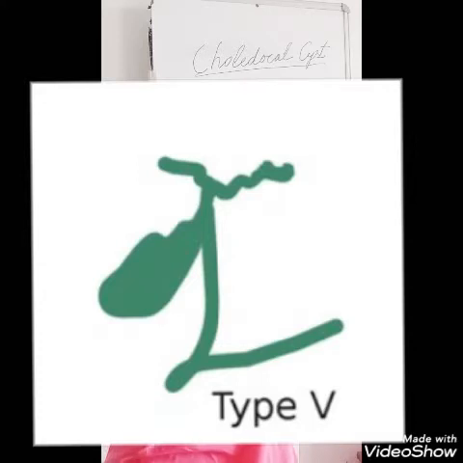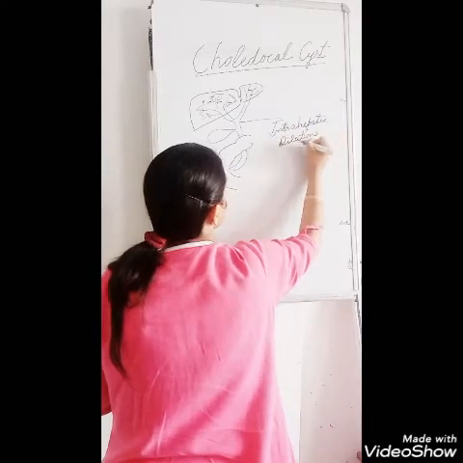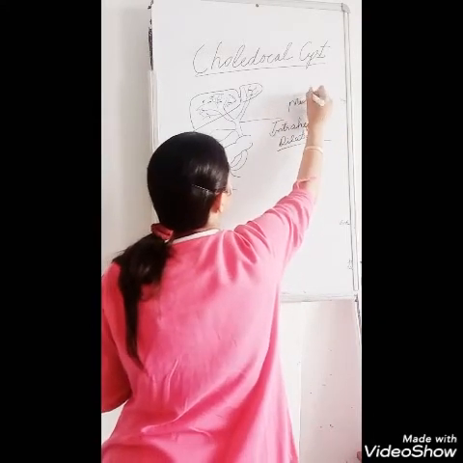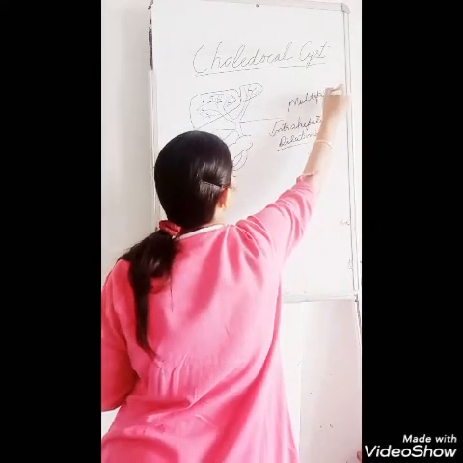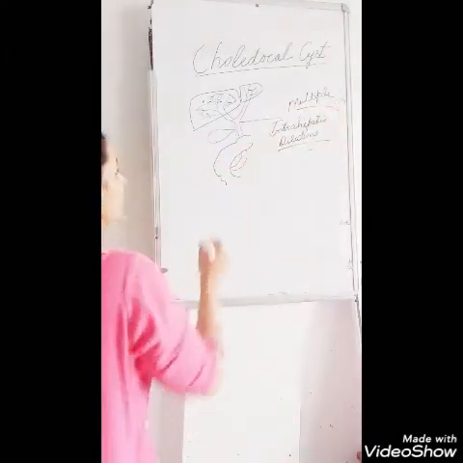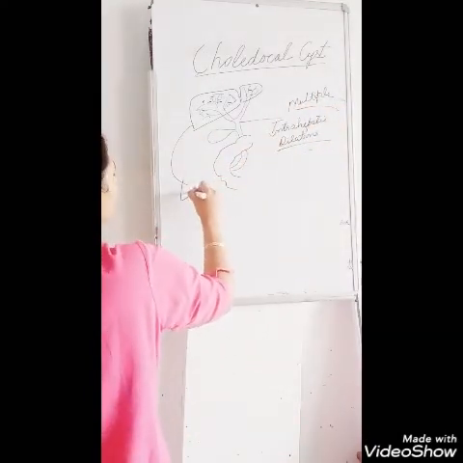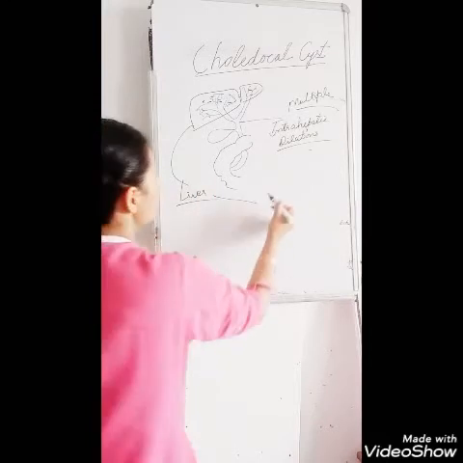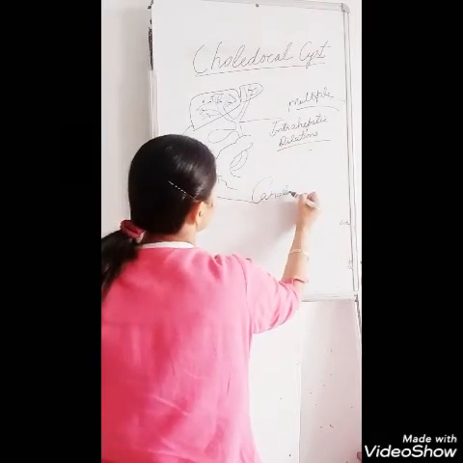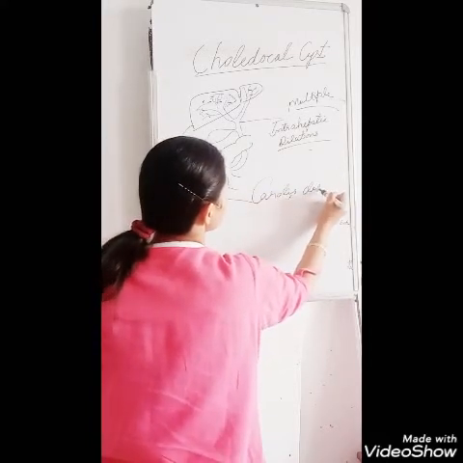So there are intrahepatic dilatations, and they are multiple. So multiple cyst formation occurs inside the liver. So this condition is known as Caroli disease.